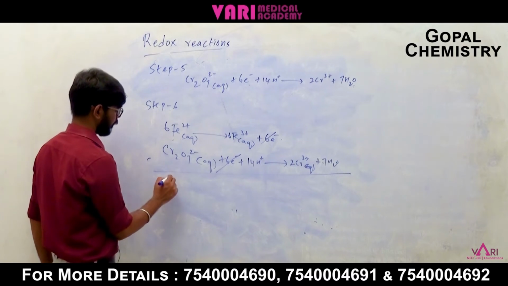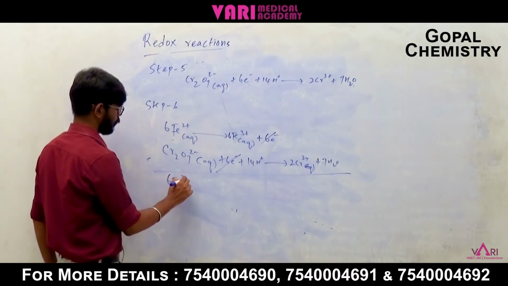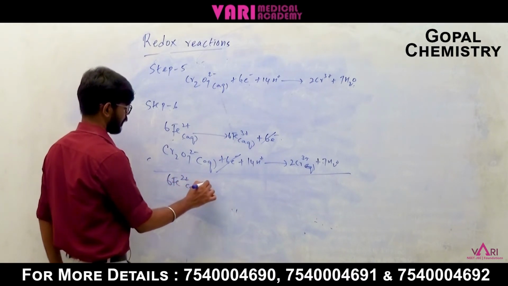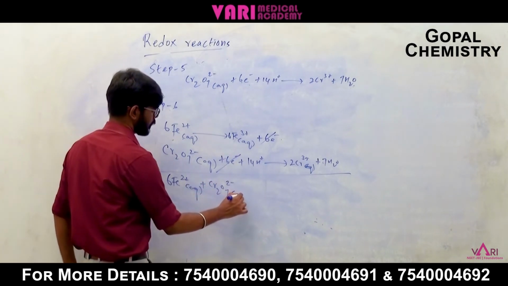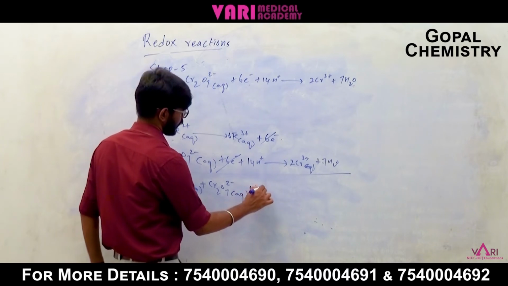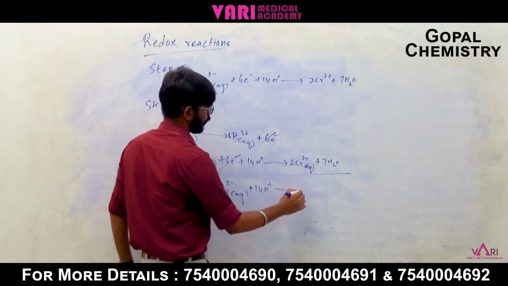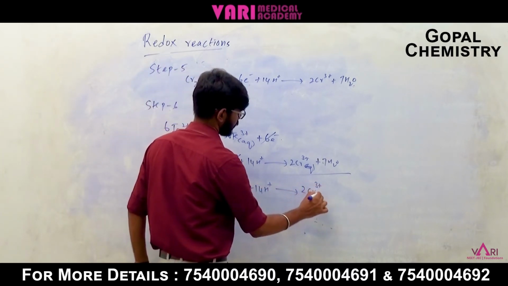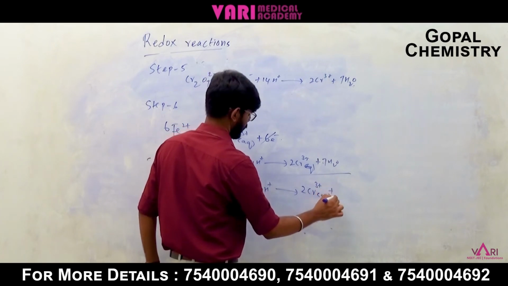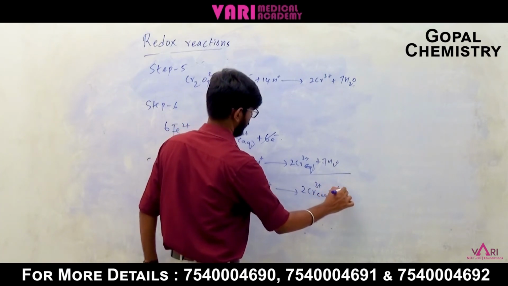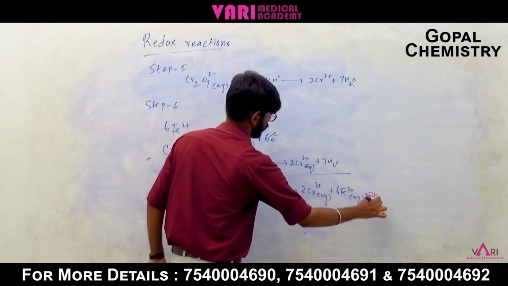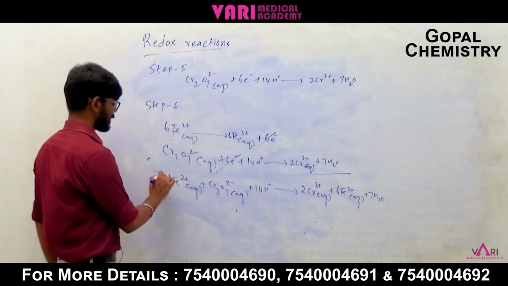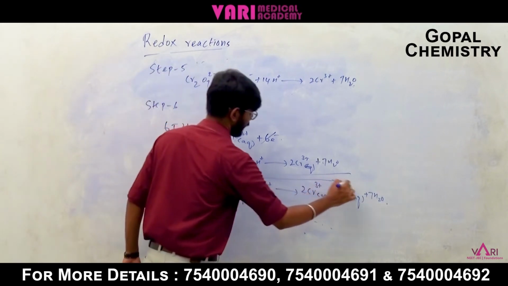So what we can get, 6 Fe2 plus aqueous plus Cr2O7 2 minus aqueous plus 14 H plus will give 2 Cr3 plus aqueous plus 6 Fe3 plus and 7 H2O. Okay, so this is the balanced redox reaction.